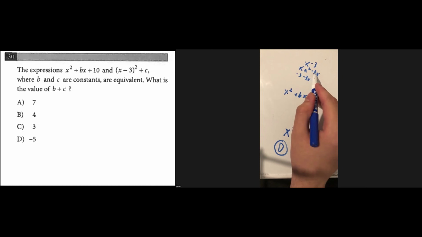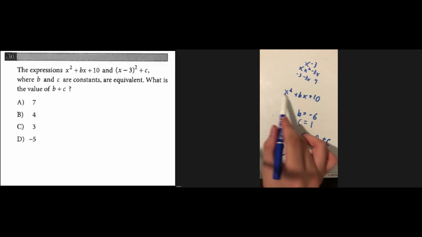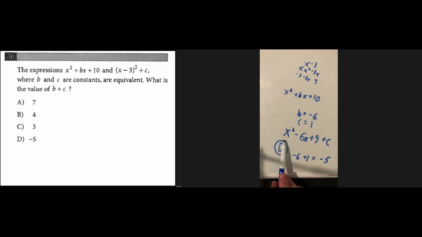So x squared minus 6x plus 9 plus c. And we're told that these two expressions are equivalent. So that means x squared plus bx plus 10 is equal to x squared minus 6x plus 9 plus c. And so let's look at the coefficients of the terms.